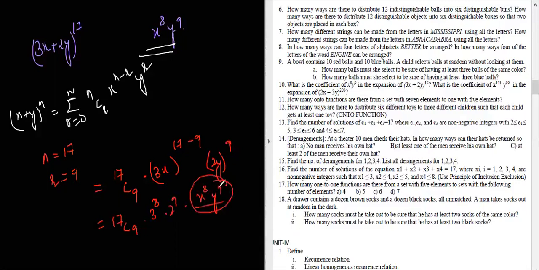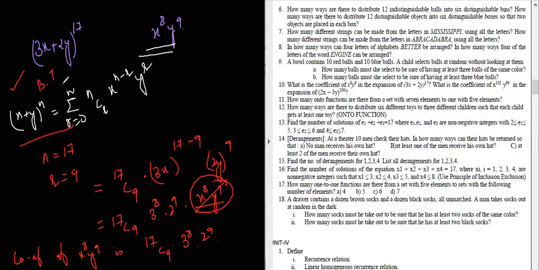So we want the coefficient of these terms, so we will leave these terms and we'll just mention coefficient of x power 8, y power 9 is 17c9 into 3 power 8 into 2 power 9. So this is the binomial coefficient, and this is known as the binomial theorem.